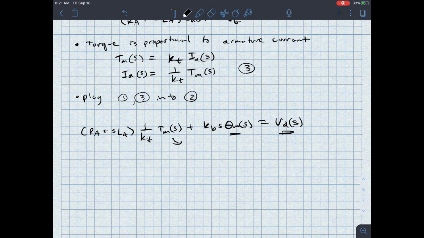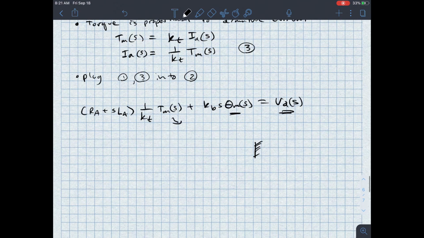I know that this rotor, let's assume that it has some amount of damping. Depending on its value, this could be 0 or something else. And let's also assume it has some inertia. So let's give this a damping constant, call it Dm, and let's give the inertia a constant Jm.